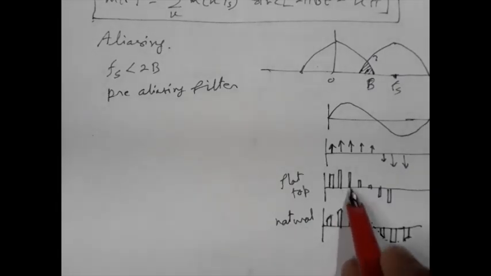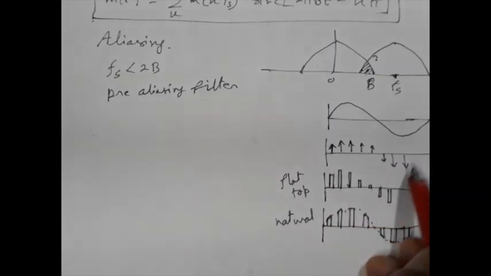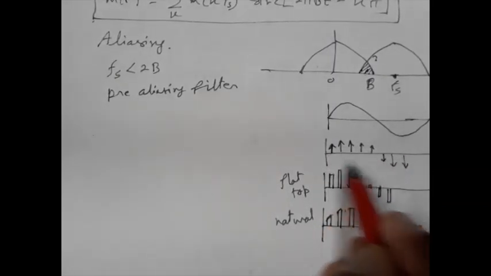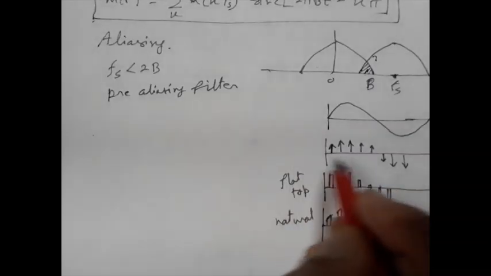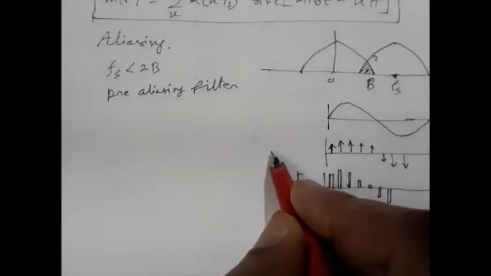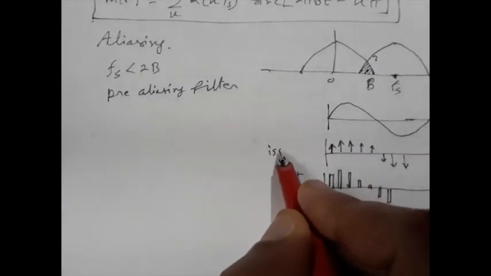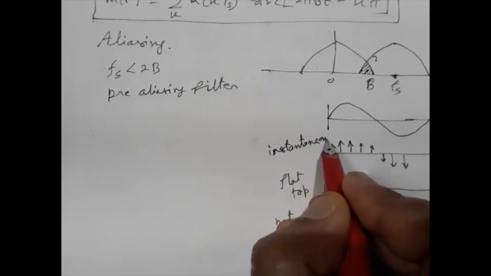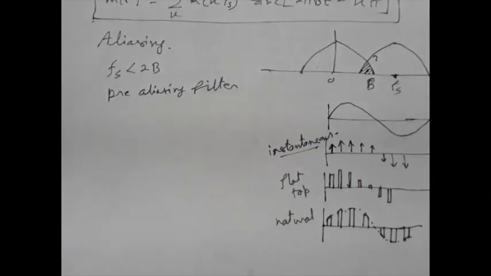Practically we have this type of sampling, while the ideal one is not possible to achieve, but mathematical analysis of it is easier. That is why this one is called the instantaneous sampling. So these are the different types of sampling available.